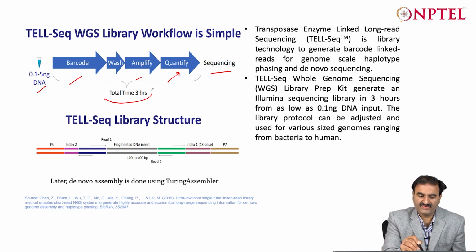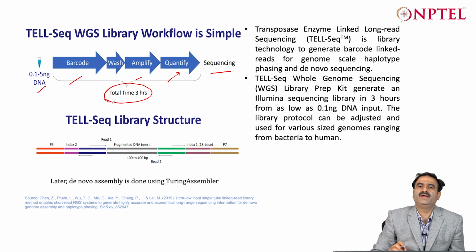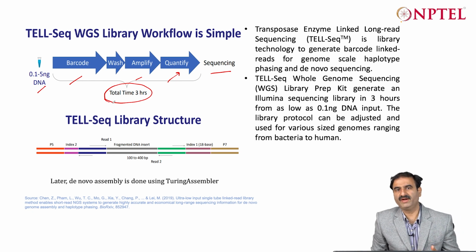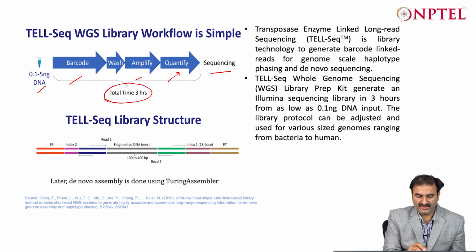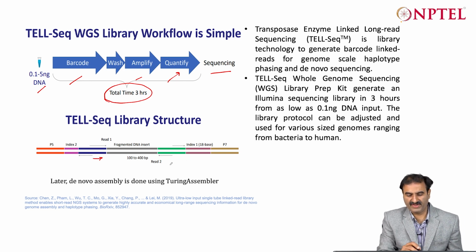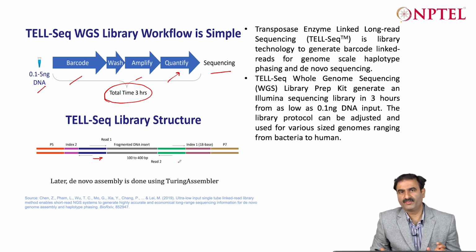This process takes about 3 hours, and the kit is provided by Illumina. After that, this is the insert and reads are generated from both sides, read 1 and read 2. Once you have the reads, they also provide an assembler called Turing assembler for assembling the linked reads generated by the Tell-Seq WGS library preparation technology.